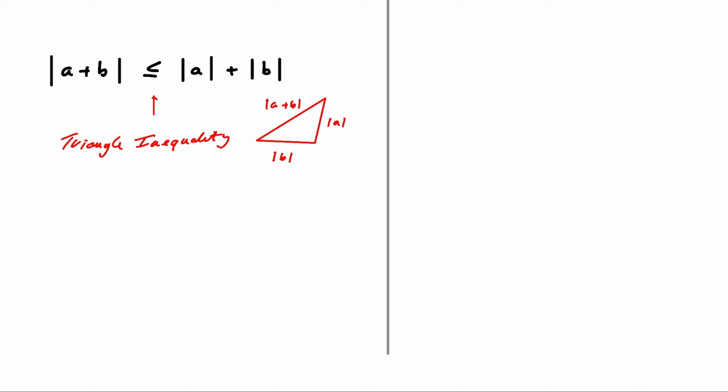There's a slight variant of it as well when you have a difference. So the difference is the following. So if I have a difference, then this is greater than or equal to, well, the absolute value of A minus the absolute value of B. In fact, it's a bit better than that.